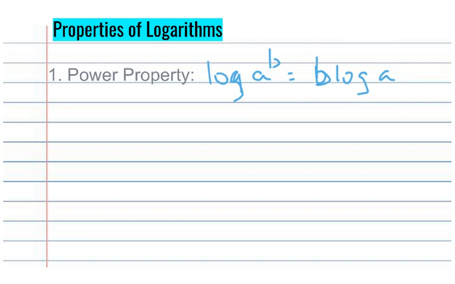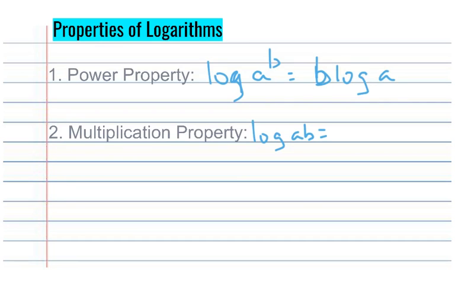The second property was our multiplication property. And our multiplication property states if we have log of a times b, we can expand that into the log of a plus the log of b. And so for today's lesson, ultimately our examples, we're going to be given this expanded form, and we're going to condense it back into one log form.